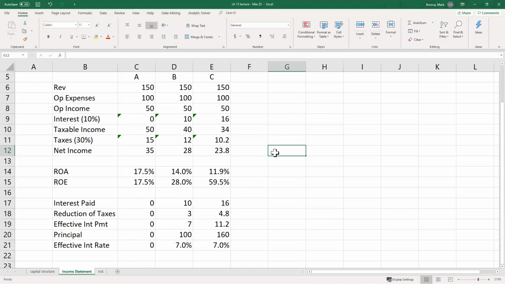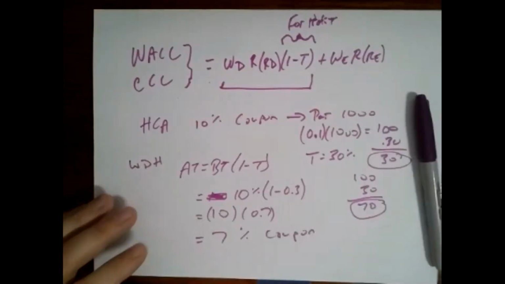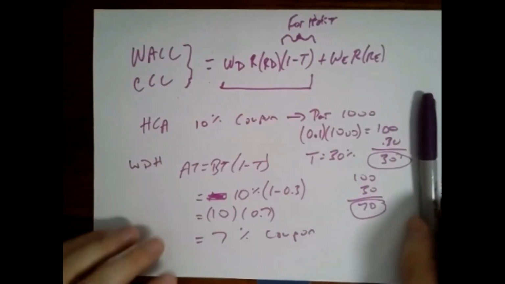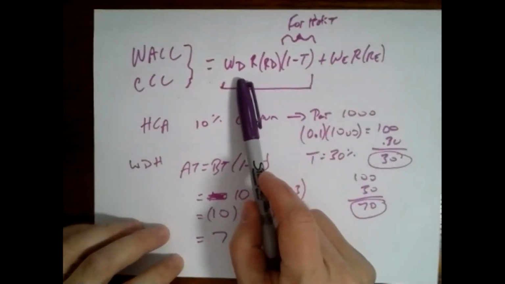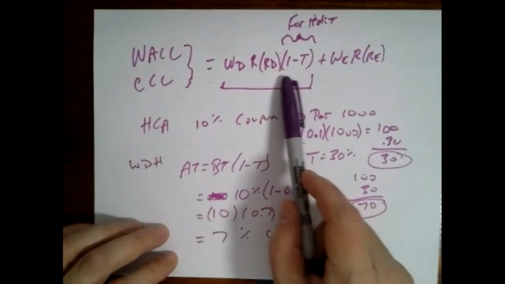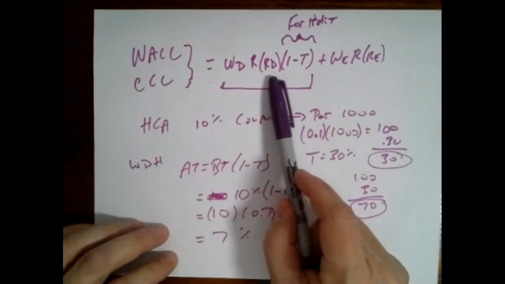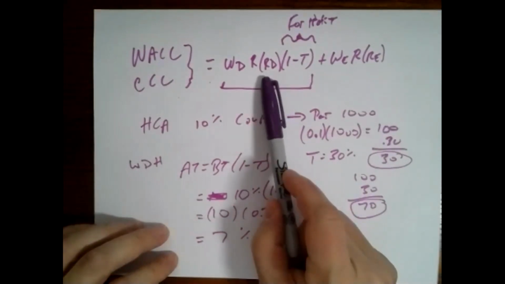So this is a demonstration of what I just did on the document camera a second ago. Let me switch back. Right, so back at the document camera here, we said the effective cost of debt for a for-profit company is the weight of the debt times the required rate of return on the debt.